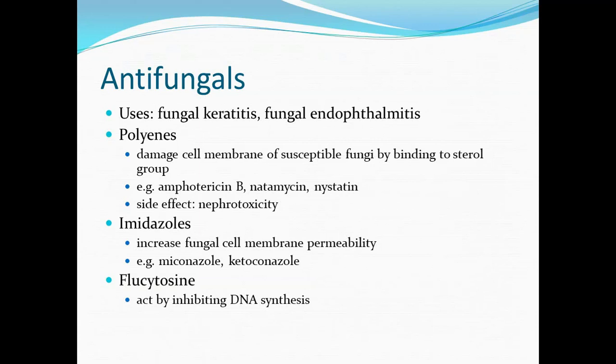Under that we have miconazole and ketoconazole. The last drug is flucytosine, which acts by inhibiting DNA synthesis. Amongst these, nystatin, natamycin, and ketoconazole are the commonest drugs which are used, and amphotericin is most commonly given intravenously. So these are four drugs which are commonly used in ophthalmology.